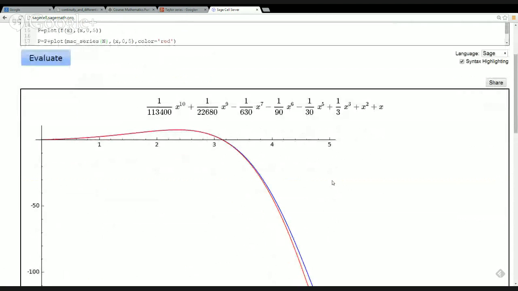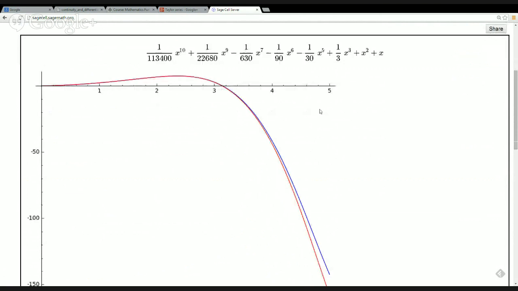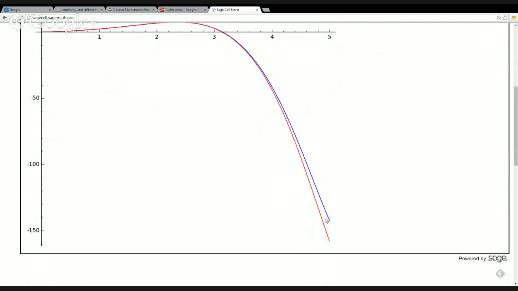So you see this, the Maclaurin series that went up to x cubed only remained accurate at this zoom level anyway, up to about 1.5. But when you add in a bunch of other terms going up to order x to the power 10, you see you get much better agreement over a larger range. But then the two do start to diverge a bit. Okay, as you come down here, you see their values are starting to diverge.